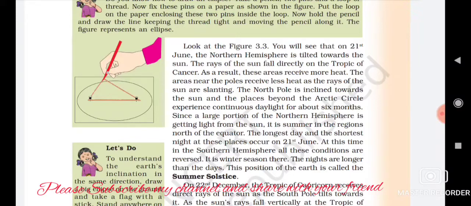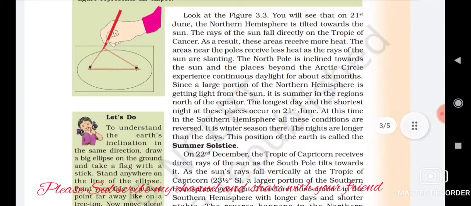Since a large portion of the Northern Hemisphere is getting light from the sun, it is summer in the region north of the equator, with the longest day and the shortest night taking place on the 21st June. At this time, in the southern hemisphere, all the conditions are reversed.